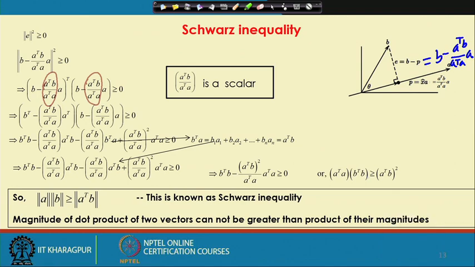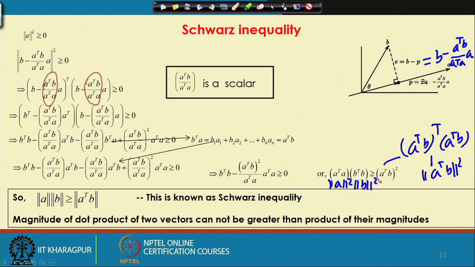Or if we write it in terms of the modulus of the vectors, A transpose A is the length of A squared, B transpose B is the length of B squared, and A transpose B squared is the modulus of A transpose B squared. So, the second norm of A squared into the second norm of B squared is greater than or equal to the length of A transpose B whole squared.